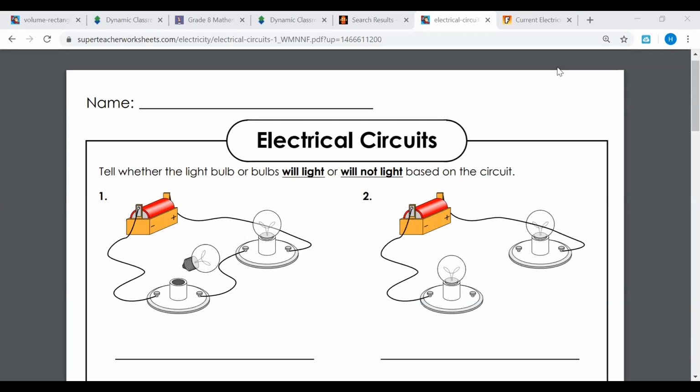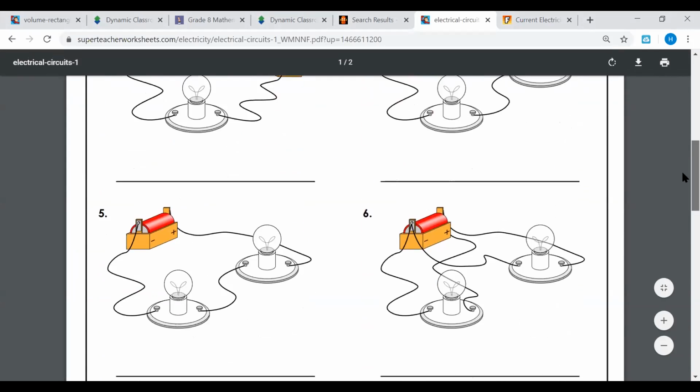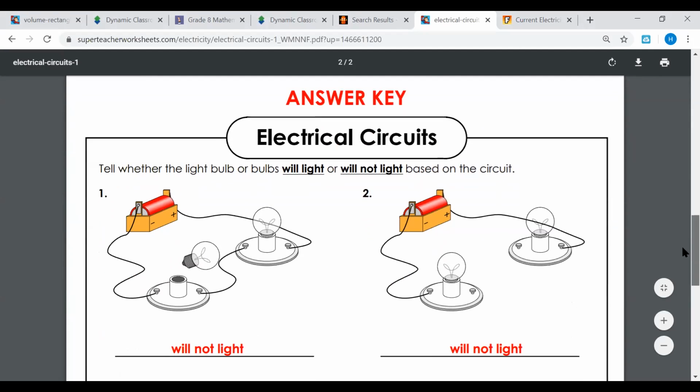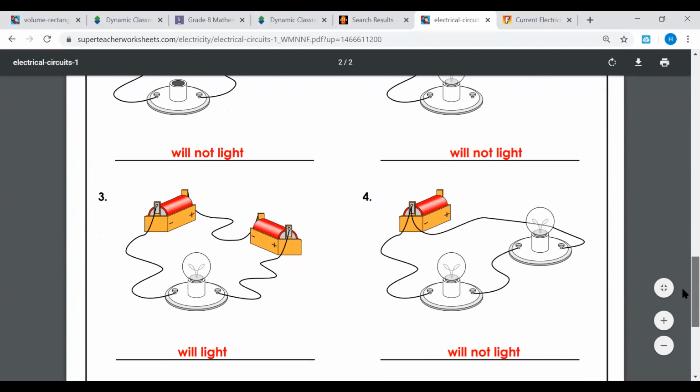You'll tell whether the light bulb or bulbs will light or will not light based on the circuit. I'll show you the first 4 examples, just so you have an understanding of how to complete this worksheet. I'll have you try the next two on your own.